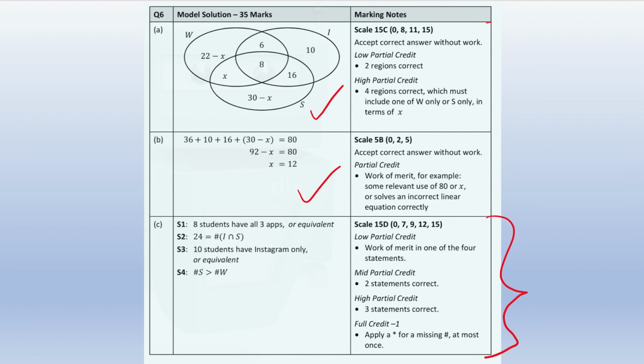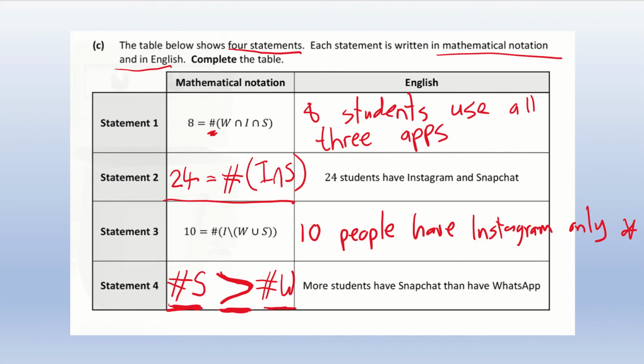Just one thing down here, I like looking at what your full credit minus 1. So that means you're not getting your 15, you're getting your 14 marks if you forgot your hashtag when you're talking about your cardinal number, which is your amount of people in set A. When you're talking about the amount of people in a set, you do have to use the hashtag symbol. So just be careful there. And there was a clue for that.